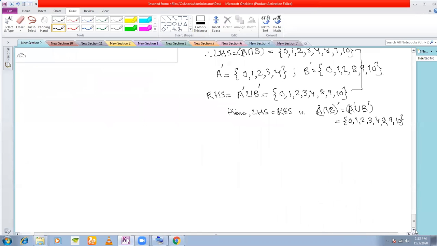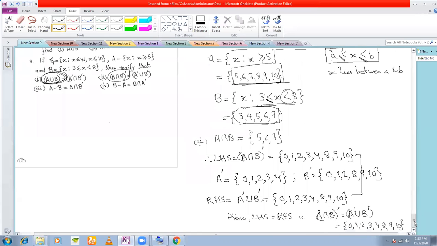Although I have given this as a sum, can you tell me what these two are called? I have told you this as a law. Can you tell me what this law is called? Both these laws, that the complement of a union is equal to intersection of the complements. De Morgan's law. Do you remember?